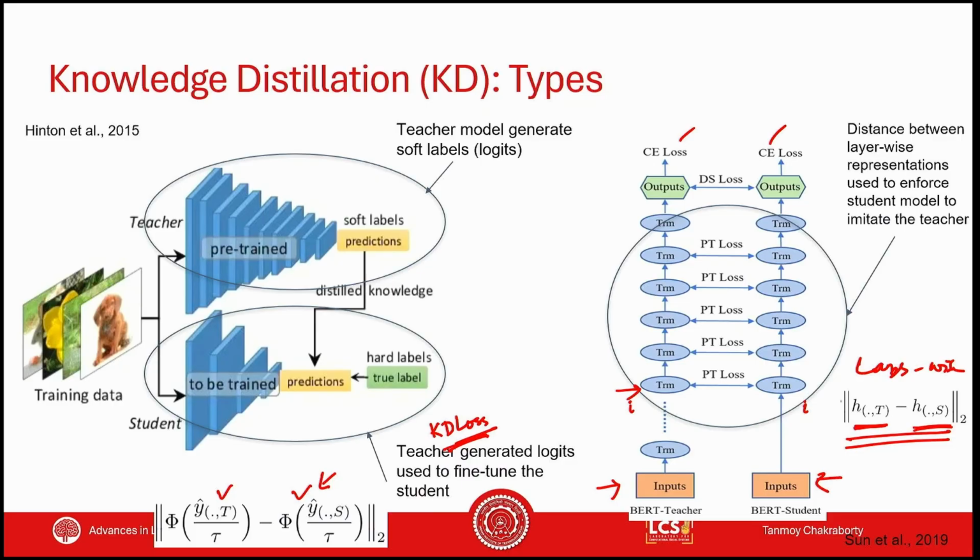What do you mean by this? Let's say the task is a sequence generation problem. Let's say your ground truth says that the next sequence is going to be I am hungry, right? So ideally you should generate this sequence.